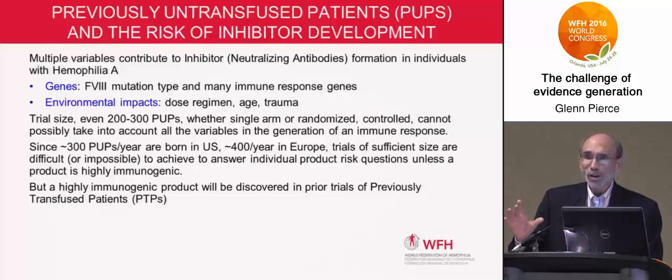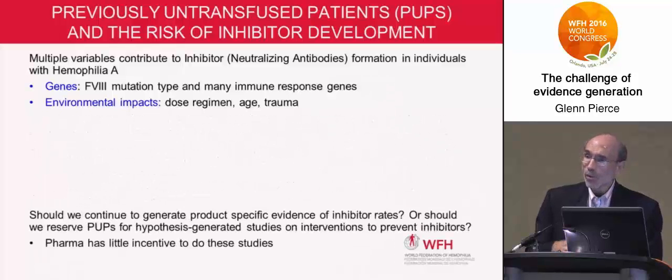So that's a population that can specifically look at a new product, and if that new product is problematic, they'll develop an inhibitor. And as we know from all of the studies that have occurred over many years, that has not occurred in any of the clinical trials for new products and really only occurred back in the early 1990s with a new viral inactivation process. So that sentinel system is a really important one that I think has established validity.